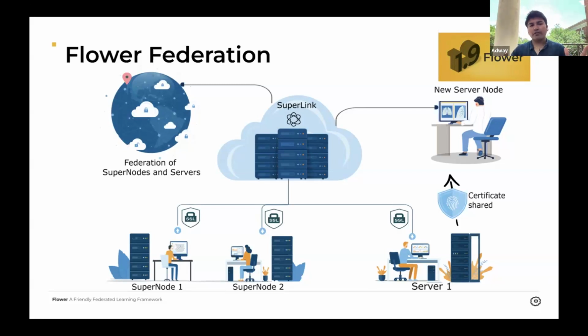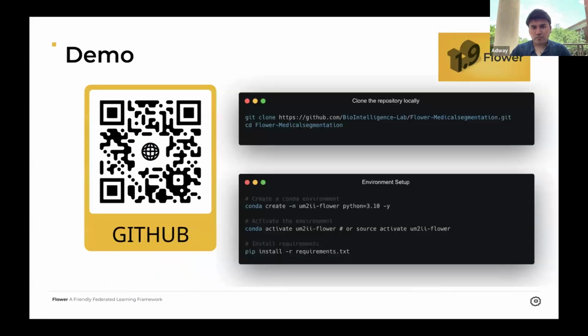And all of this will happen while you already have a federation of supernodes and servers training on different tasks. So this effectively shows that you can have clients add, join and even drop, and also completely work with heterogeneous data at scale.